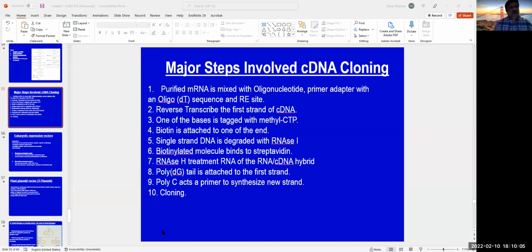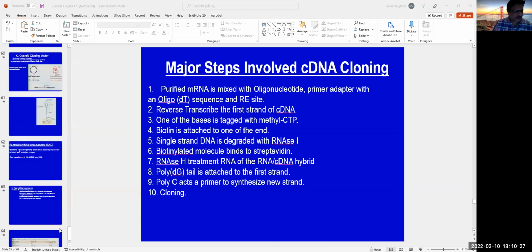But we reached a stage where we needed a plasmid that can incorporate a large sequence of DNA. Because think about human sequencing, right? Sequencing of the human genome, that's quite a meter of DNA, and how do we put it into a plasmid? So you need a larger category of plasmids that can incorporate a large amount of DNA.